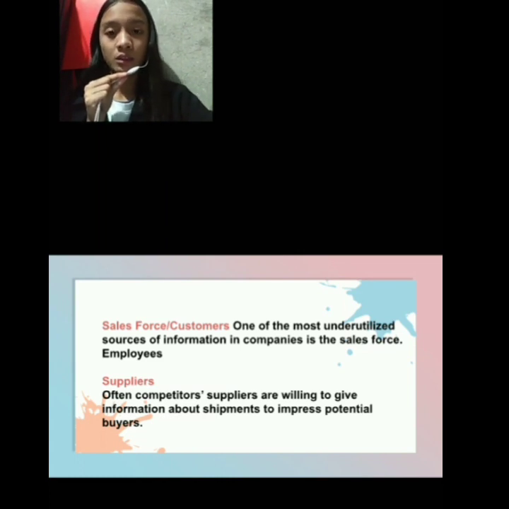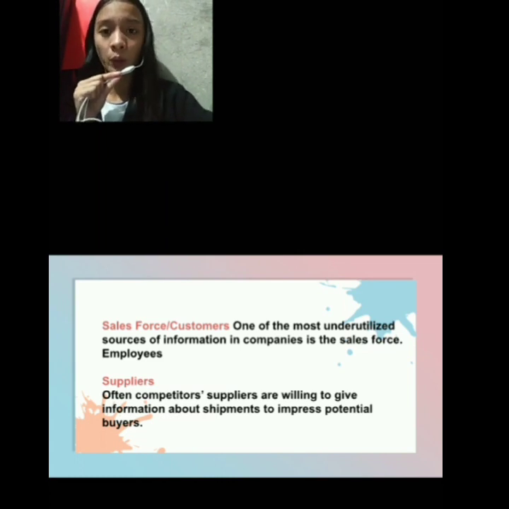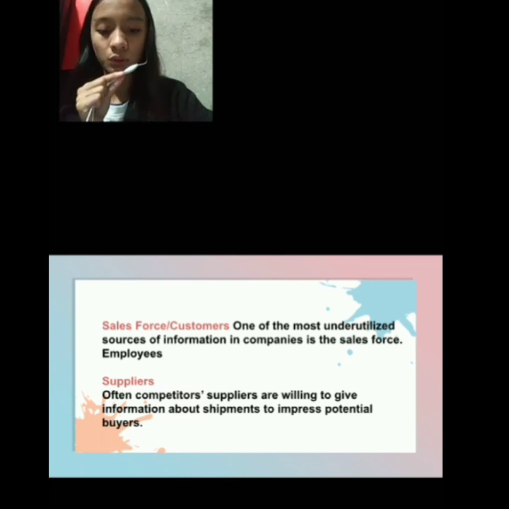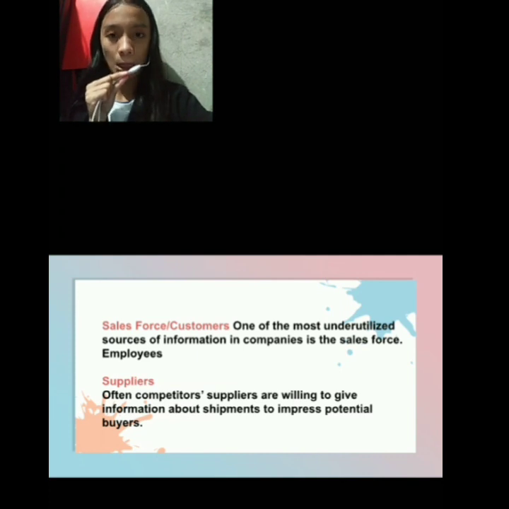So let's go to employees. Please take notes that this is generalizing: much can be learned from competition observed in the marketplace. If the product category in question is sold in the market, an employee can easily observe changes in price, packaging, and shelf display.